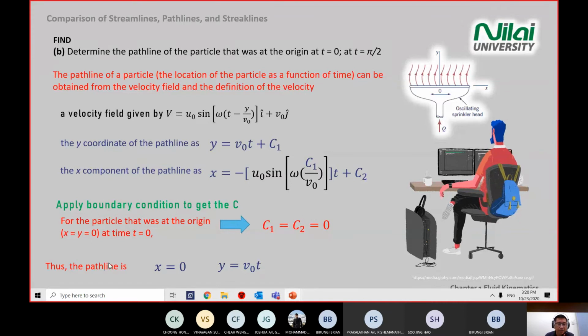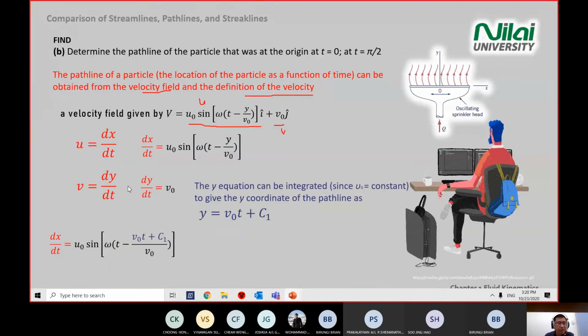All right. Any questions so far? This one is for the path line. Path line is linked up with the velocity. So we just clarify two concepts here. Path line is linked up with the velocity, which is dx/dt and dy/dt, and one more, if you have three dimensions, it will be dz/dt. This is linked up with the path line.